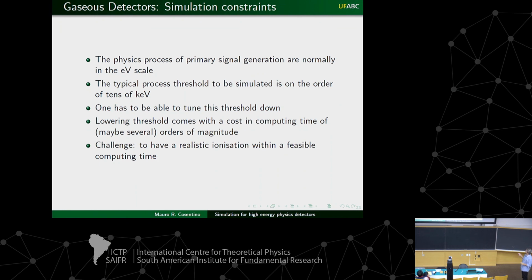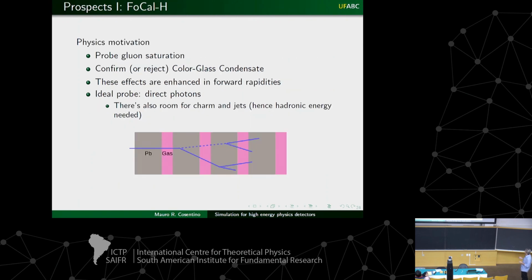The simulation normally has a threshold cut on the order of tens of keV. So you will never see any signal in your detector if you do the simulation out of the box. You have to lower the threshold, but lowering the threshold comes with a cost of computing time, maybe several orders of magnitude higher. So the challenge here is to have a realistic ionization within a reasonable computing time.